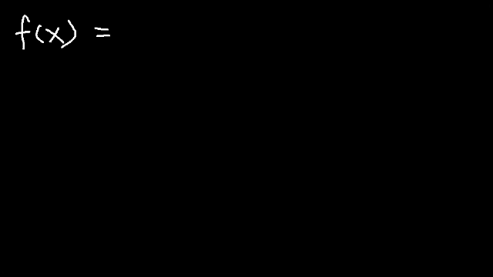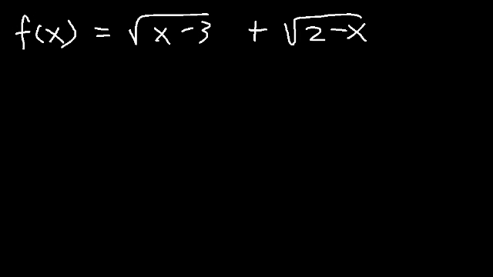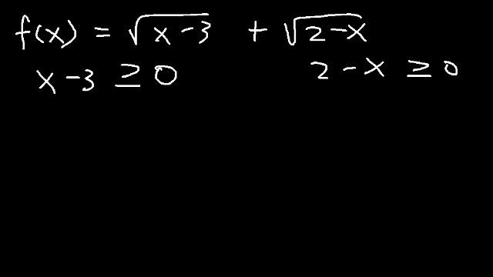Here's a different example. Well, sort of similar, but a little different. Find the domain for this function. So for the first radical, we know that x minus 3 has to be equal to or greater than 0. And the same is true for the second one. To solve for the first one, we simply need to add 3 to both sides, so x is equal to or greater than positive 3.